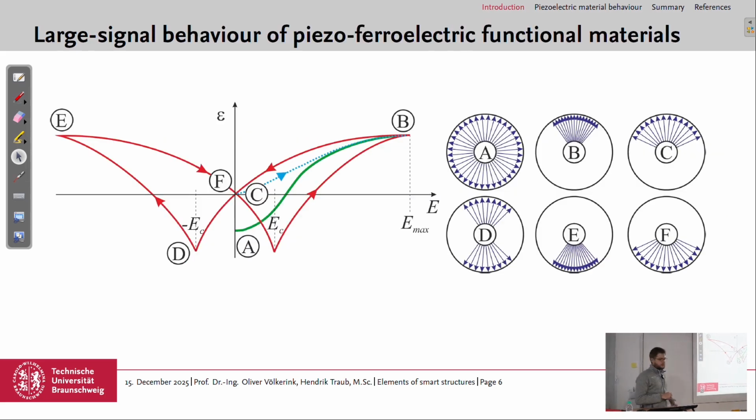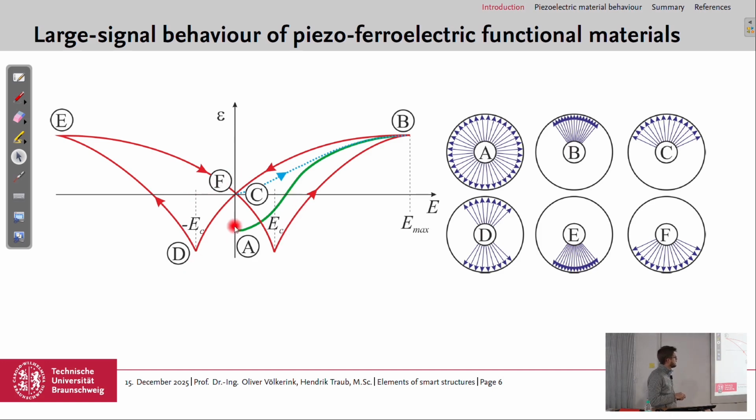So recap from yesterday, we introduced the large signal behavior of the piezoferroelectric functional materials. We also saw the butterfly curve in the experiment in the evening, but we can quickly go through it again as a recap because it's really an important plot and could also be part of the exam.